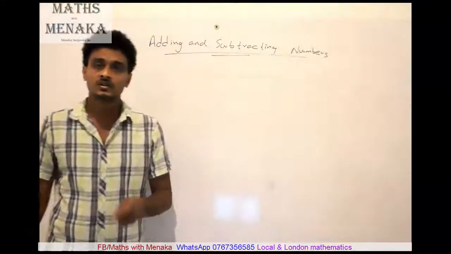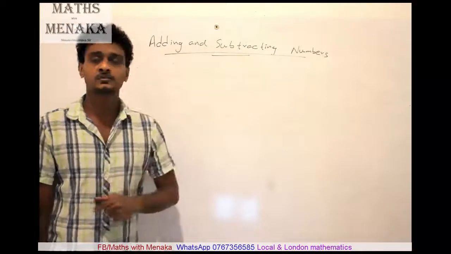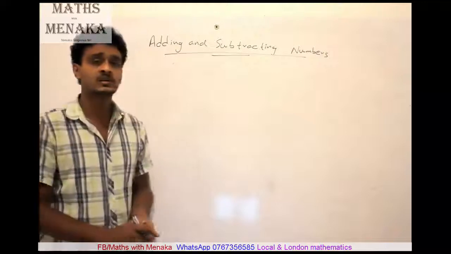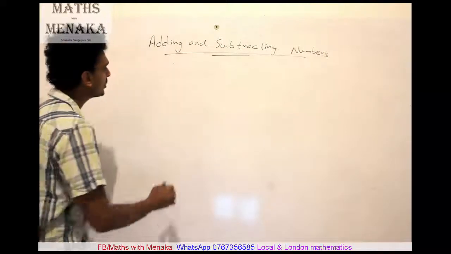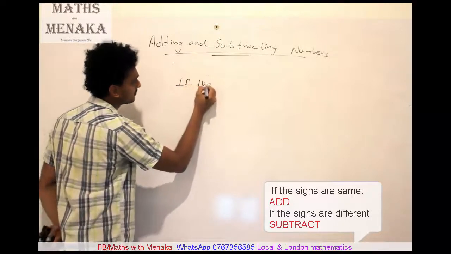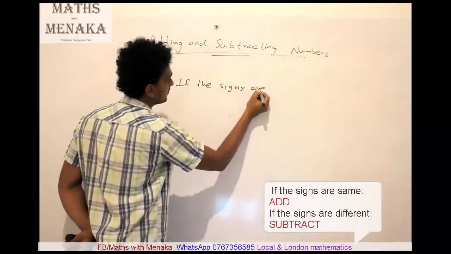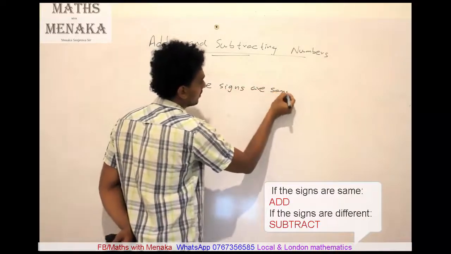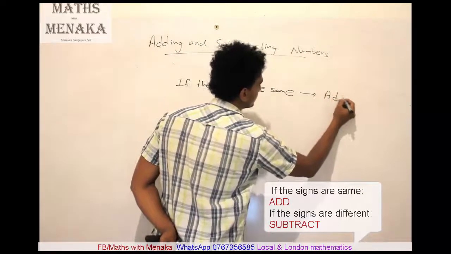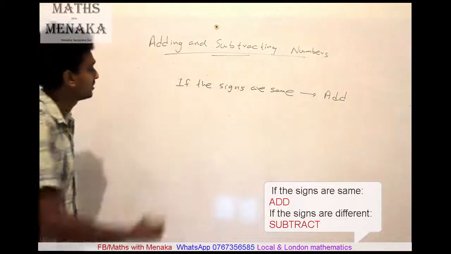Okay, students. Now we will see adding and subtracting numbers. The rules of adding and subtracting are very simple. The first rule is, if the signs are the same, we should add.